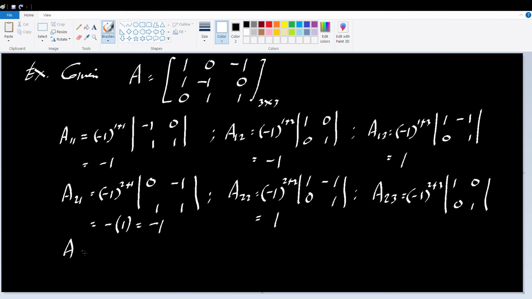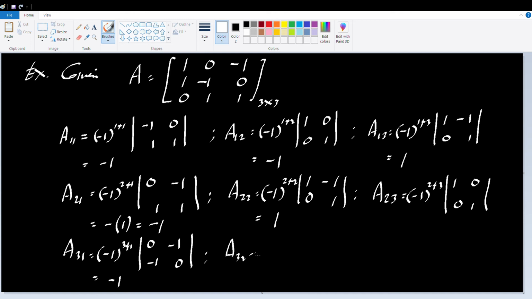Then A31, negative 1 raised to 3 plus 1, determinant of, delete the third row, first column: 0, negative 1, negative 1, 0. That will be negative 1 raised to 4 is positive. And then the determinant is 0 minus 1, that will be negative 1.